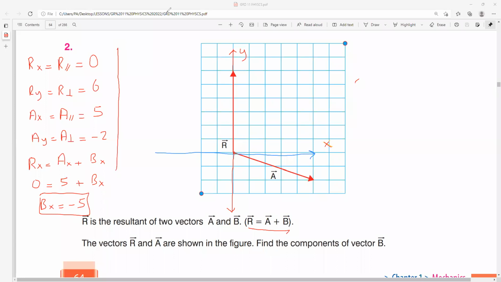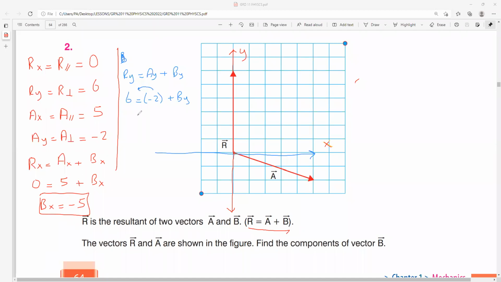How can we get BY? Let's calculate BY now. Let's carry on with RY. RY equals AY plus BY. And then RY, what was the RY? It is 6. R perpendicular is 6. And then AY, A perpendicular is negative 2 plus BY.